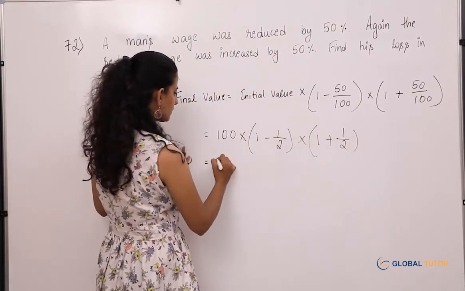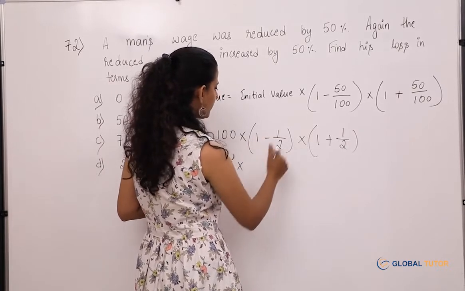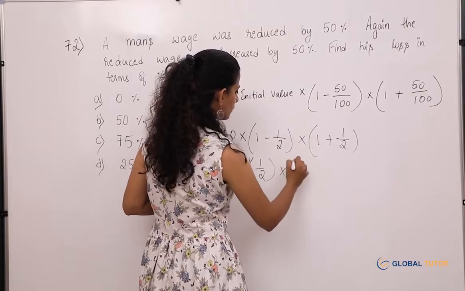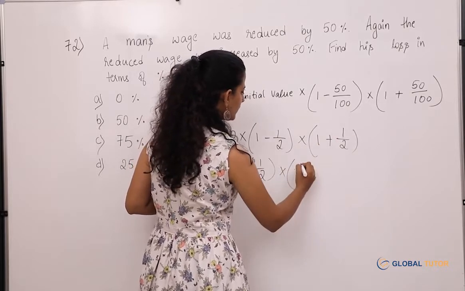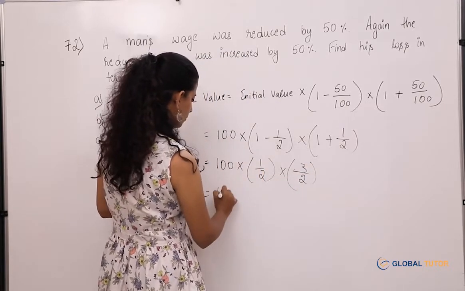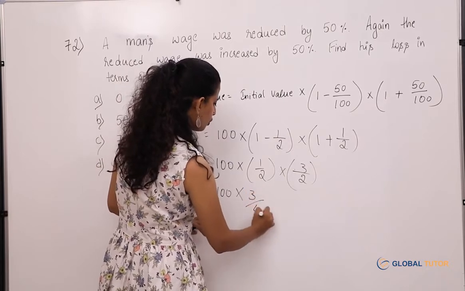So this becomes 100 into 1 minus 1 by 2 is 1 by 2, into 1 plus 1 by 2 is 3 by 2. So this becomes 100 into 3 by 4.